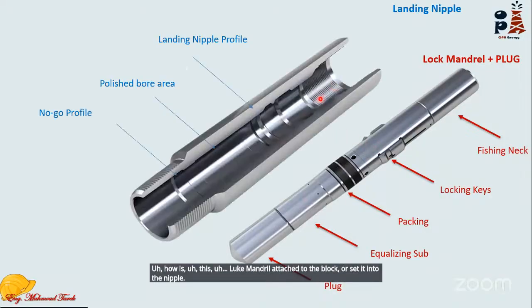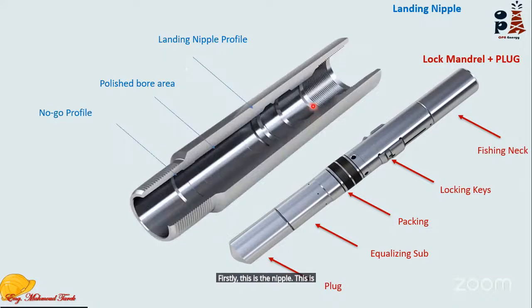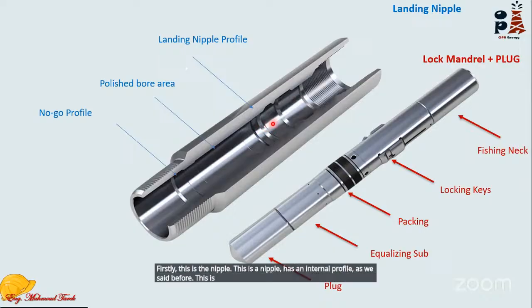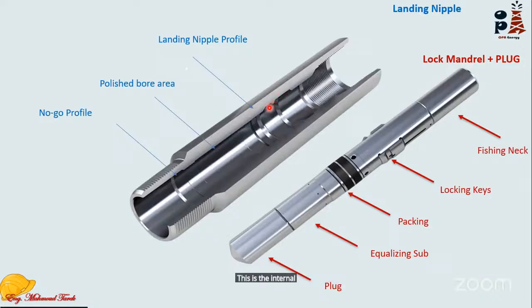How is this lock mandrel attached to the plug and set into the nipple? Firstly, this is the nipple. This nipple has an internal profile, as we said before. This is the internal profile of the landing nipple. It is cut through the thickness of the tubing to make a recess. This recess will receive what?